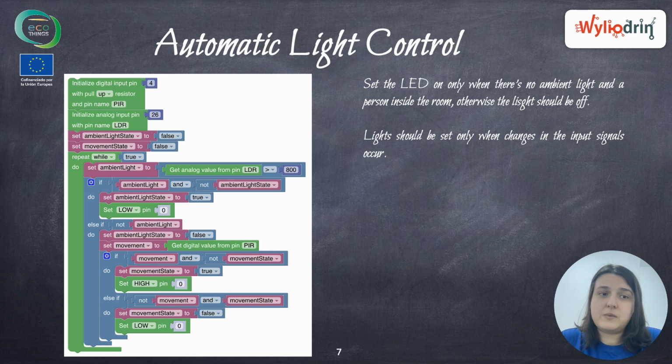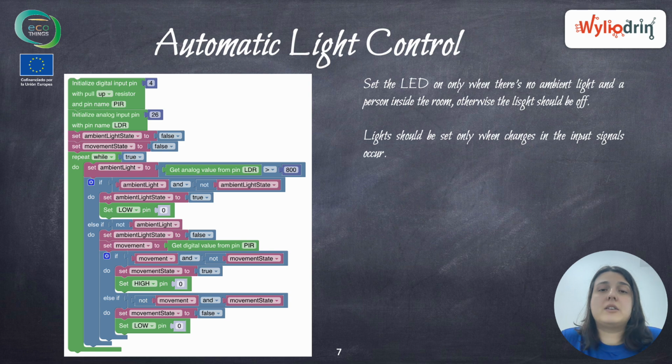Because now we are in the case where there is no ambient light, and if there's also movement, we set the LED to on. If we are in the other case, where there is no movement, and the movement state before was set to true, so I had movement before, then I want to set low the pin, basically want to turn off the lights.